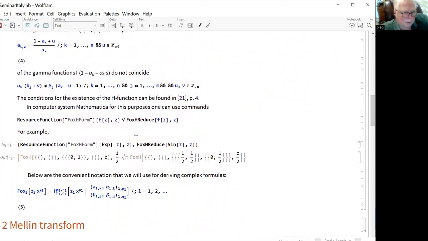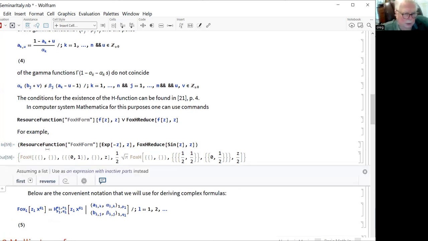And I will show you how the very well known exponential function can be represented through this. Let me evaluate again.